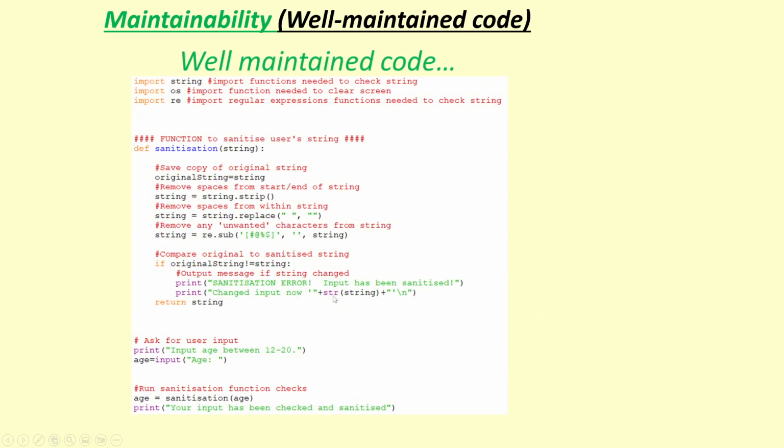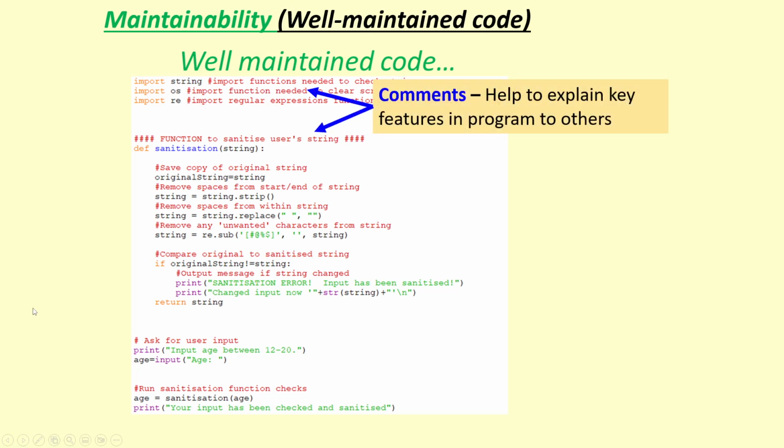So there is a much better version of the same code. We've got a clear structure to the program with indents used. We've got subprograms that are used to make the code reusable. We've got clear variable names such as age, so we know what they're used for. And we've got comments to explain what the different sections of the program are doing. Comments help to explain key features in the program to others.